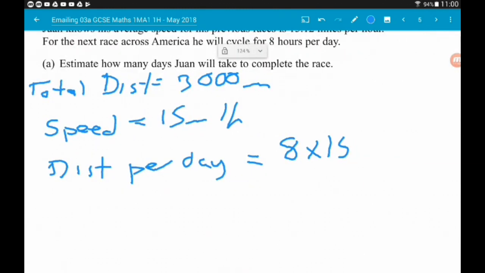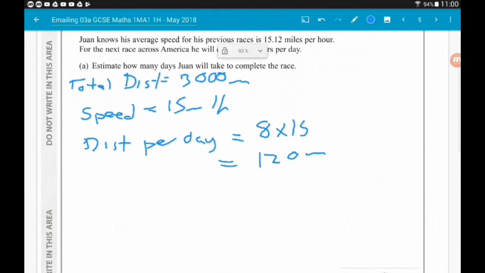So 8 times 10 is 80, 8 times 5 is 40, so that's going to give us a rough estimate of 120 miles per day.